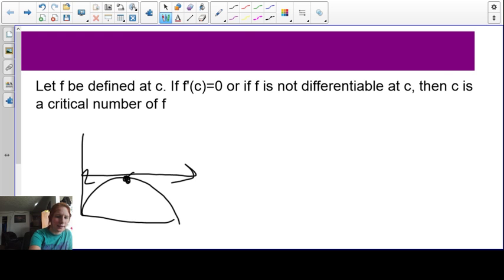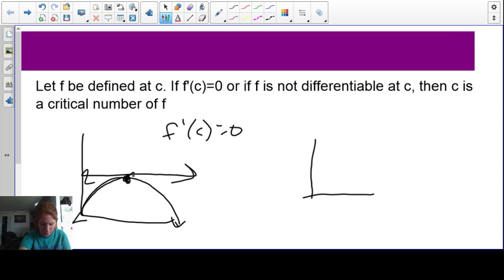That's an example of a maximum, and at that maximum point my slope is 0. So at that point f prime of c equals 0, because there's a horizontal tangent there.